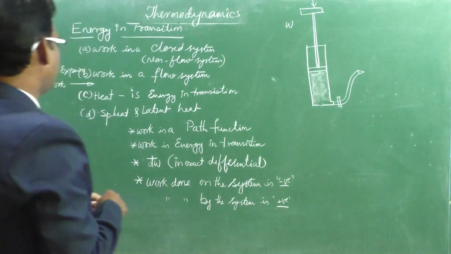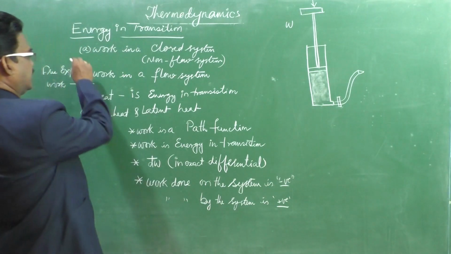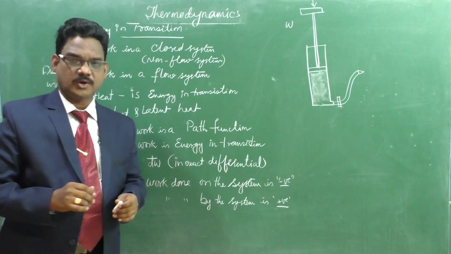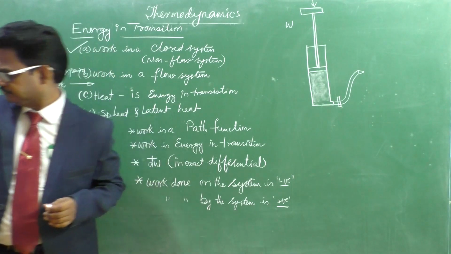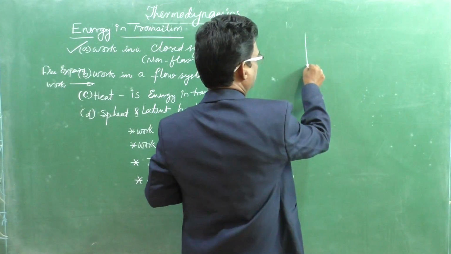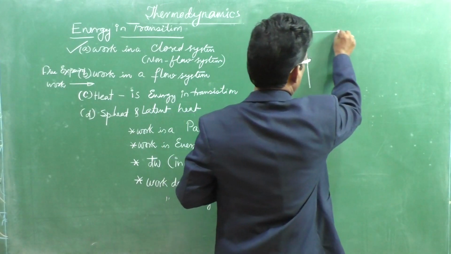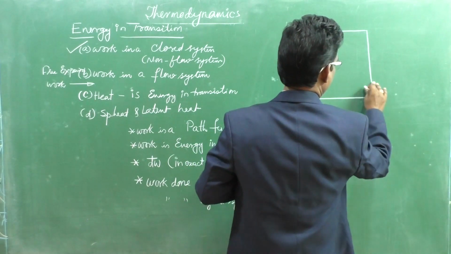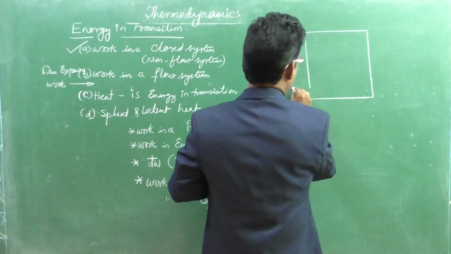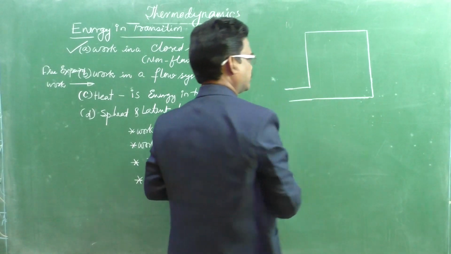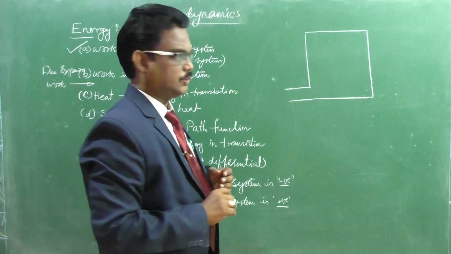Now we will go for the work in a flow system. This concept is over. For that, consider a control volume. This is also a system, but when we consider a flow system, instead of system it is appropriate to say control volume.